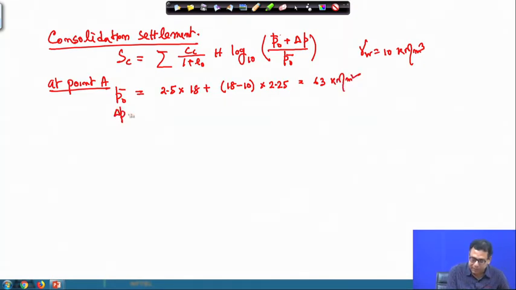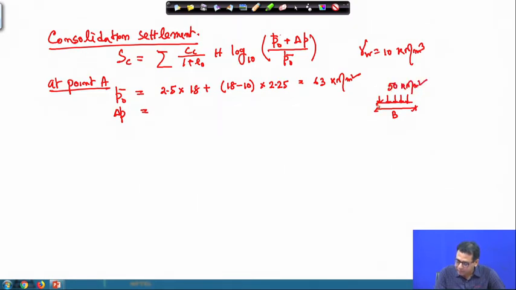Next one, del P. How do I calculate del P? Suppose this is the width of the foundation B, where the 50 kilonewton is applied.